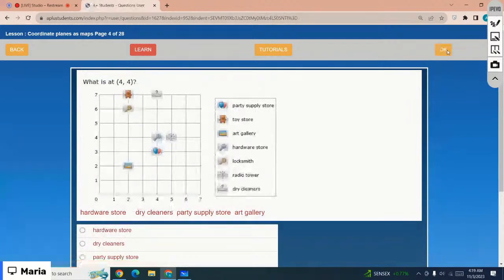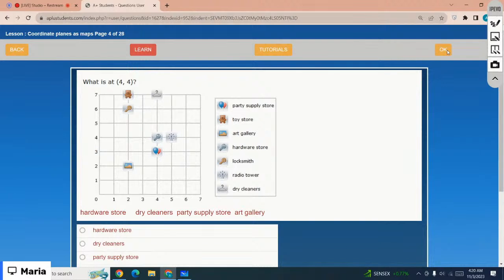What is at 4 4? Which is the correct option? At 4 4, you have hardware store.